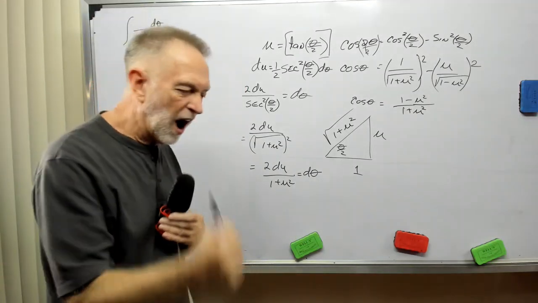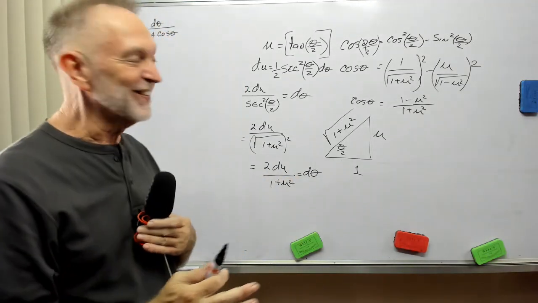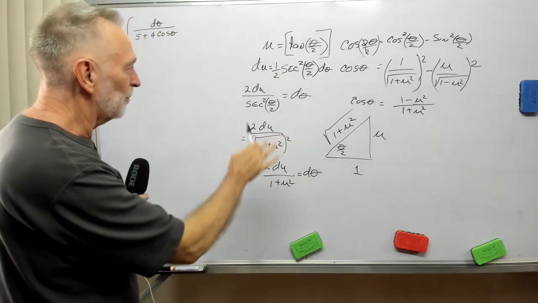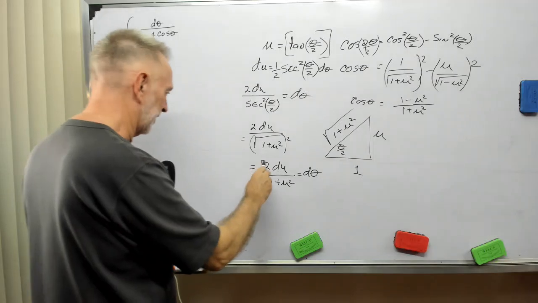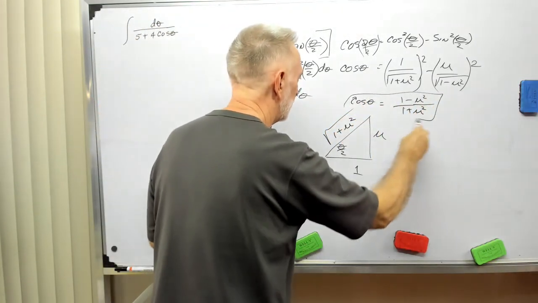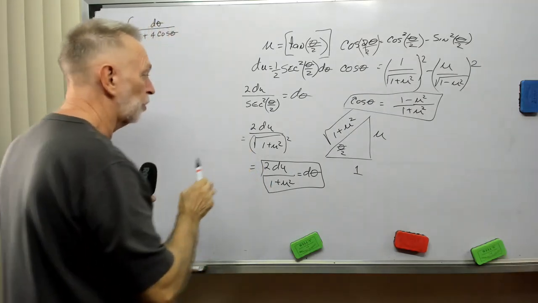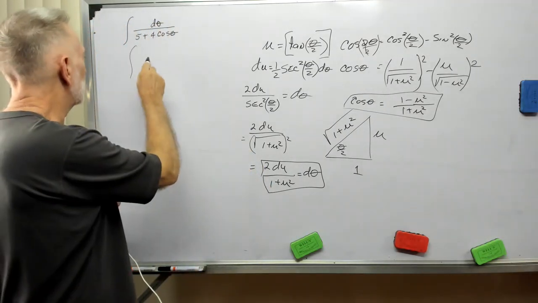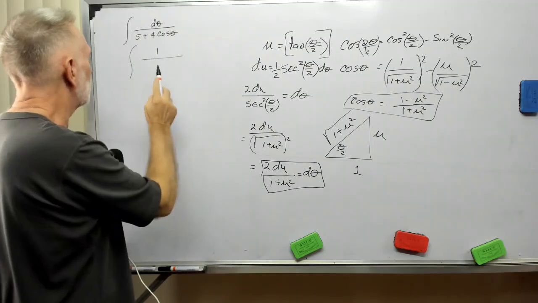Now then, we can do it now. Okay, let's plug in what we have. What do we have? We have d theta and we have cosine in terms of u. So we have the integral. I'm going to put this over 1 for the moment.